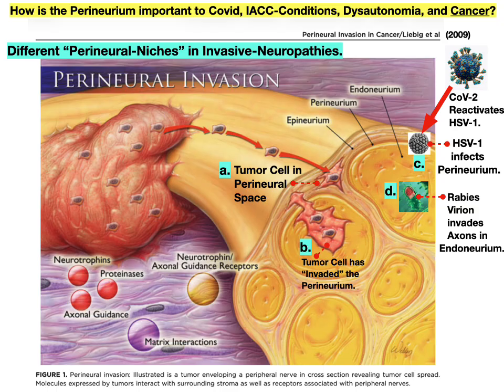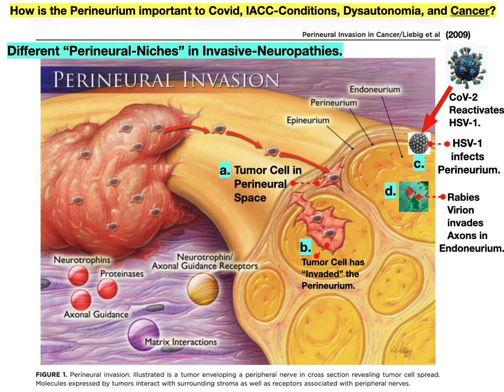So I am adapting a figure from a paper in 2009 to illustrate these concepts of perineurial niches. The first, A, shows a tumor cell in a perineurial space which lies below the epineurium, the outer tissue coat of a nerve. So the tumor cell has detached from the primary tumor and digested its way through the epineurium to lie interior of the epineurium.